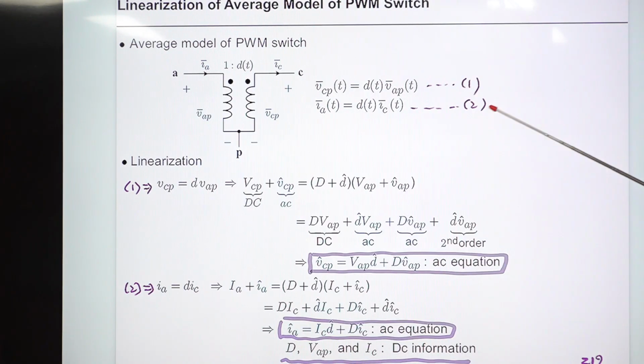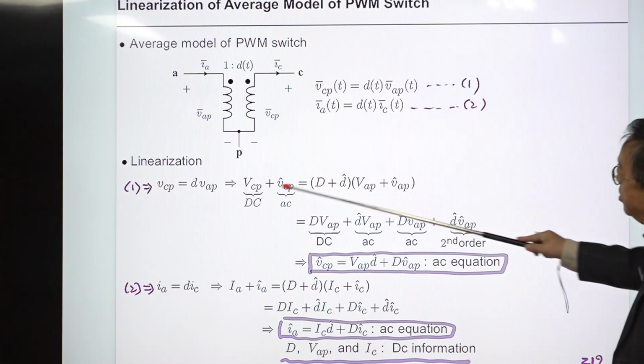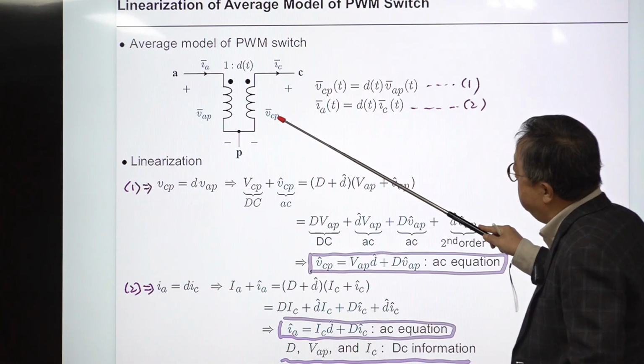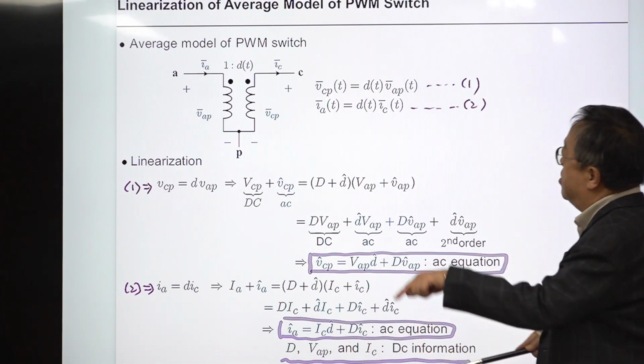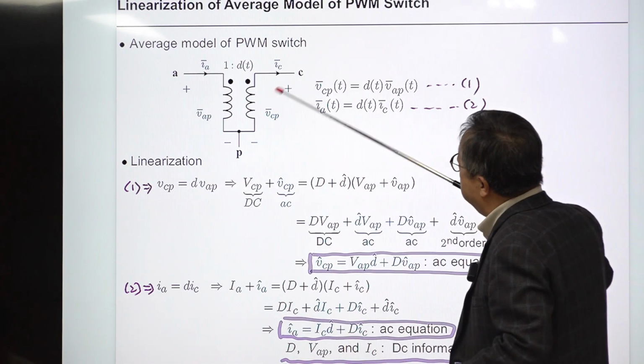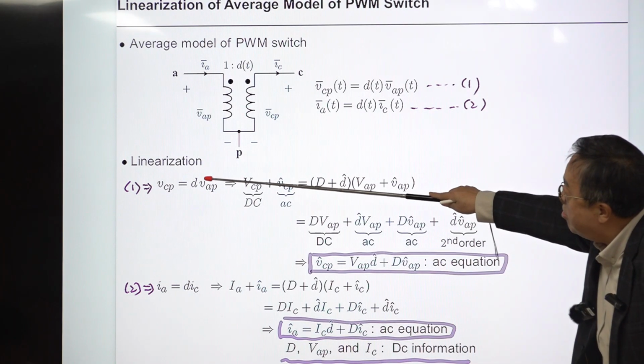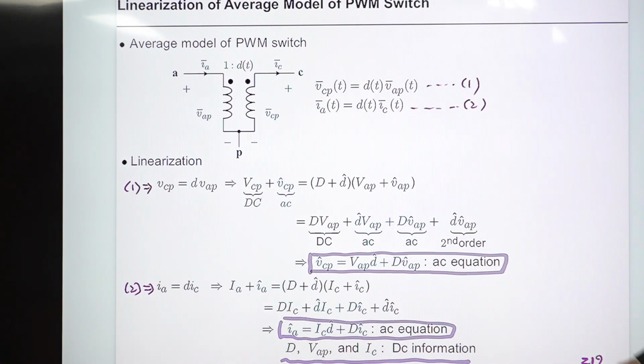So we use this first equation, the nonlinear relationship for VCP. I'll ignore the bar sign here. Everything is an averaged variable, so even though we skip the bar, everything means the averaged variable.